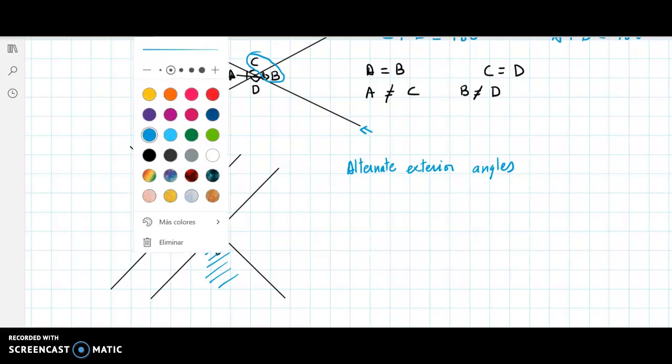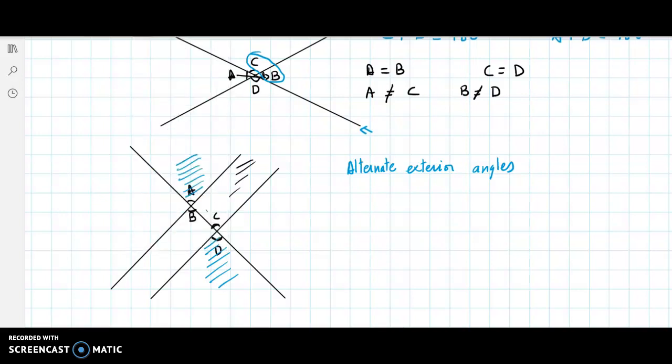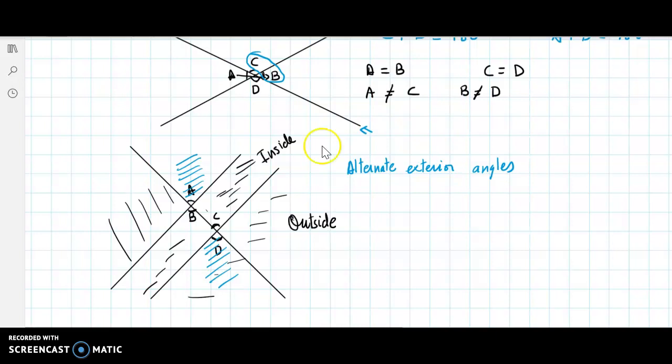So if we have the parallel lines, this is inside. So this is inside the parallel lines, and all this is outside. So the alternate exterior angles are outside the parallel lines.